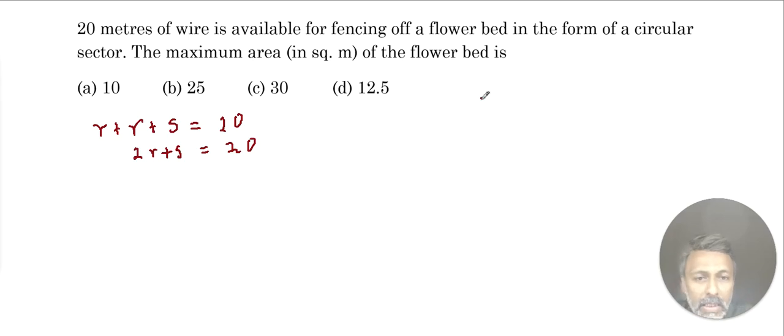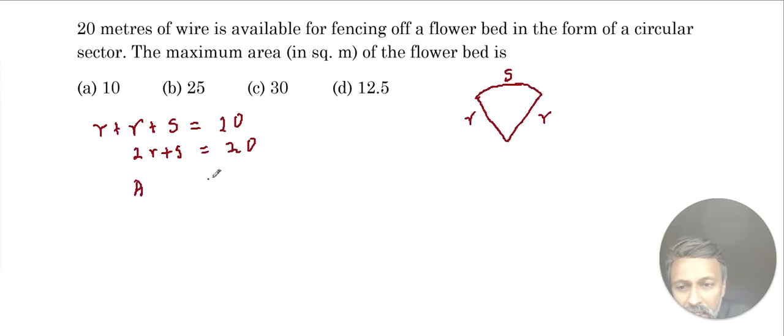So the circular sector is something like this. Let's try to draw it nicely. This is r, the radius of the circle, and this is the length of the arc. We are being asked to work on the area part of it. Area of the sector is equal to half rs.